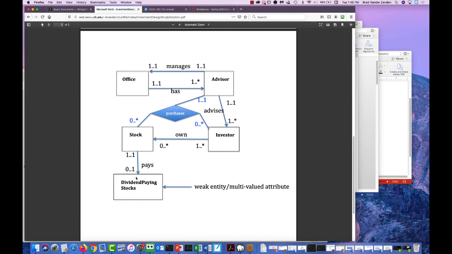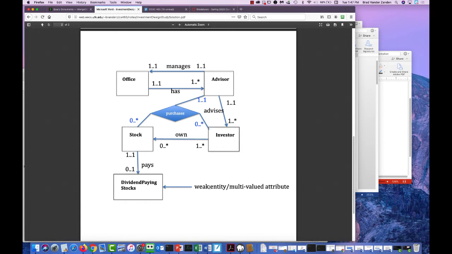Again, I would never expect you to have this in your diagram. Plus, the way the book does it, this would actually be embedded in this one. Okay, because the way the book shows subtypes is it embeds the subtype within the supertype. So really, this should be embedded within stock.